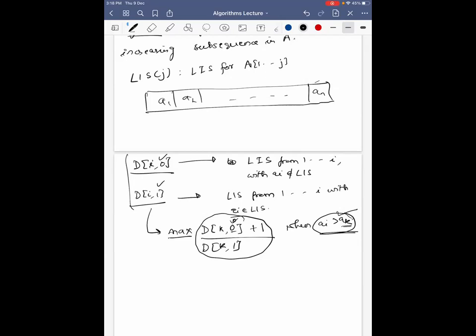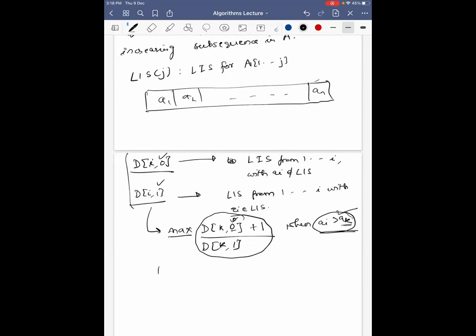Wouldn't there be a problem with this algorithm in an array? Let's say we take 1, 2, 3, 6, 4, 5. Then 1, 2, 3 get appended in our LIS, and then we include 6, and we don't include 4.